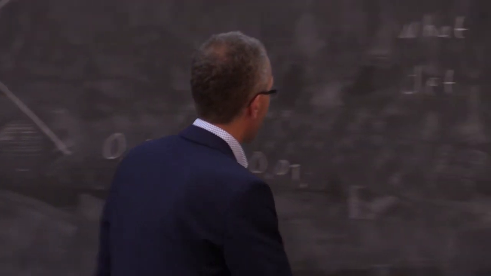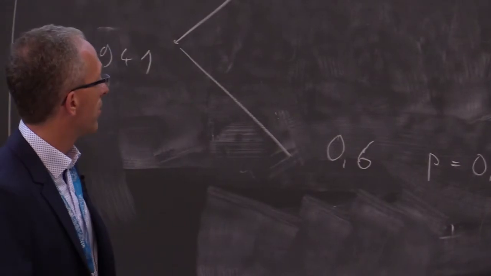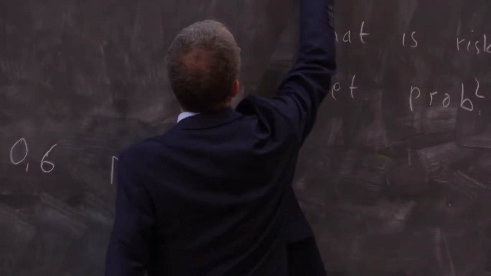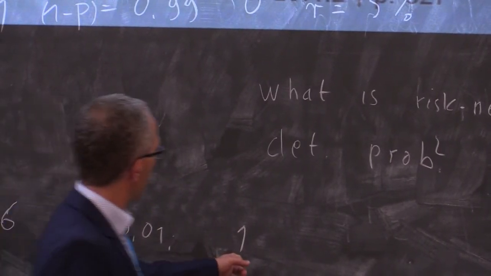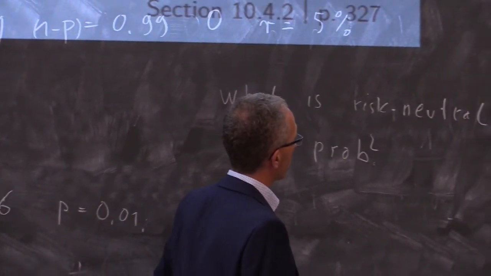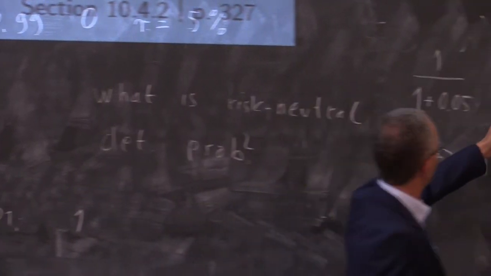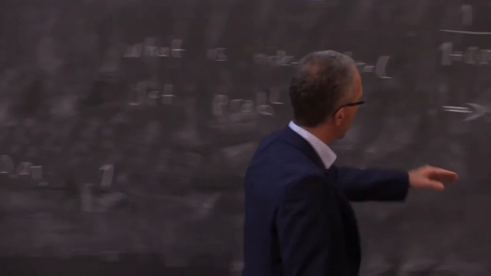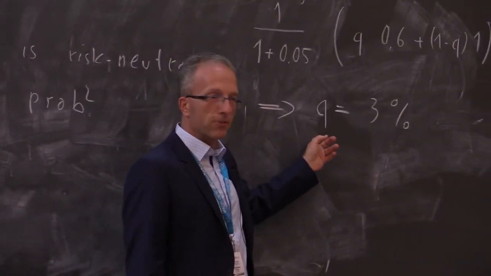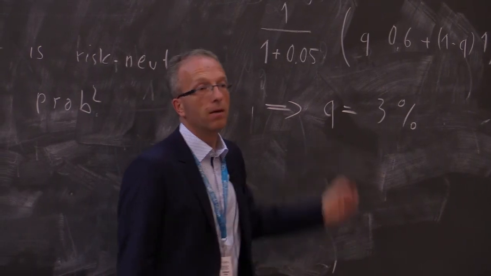A swap is an insurance against default. So that could be something that gives me 1 here and 0 here, and I could price such a thing. And what I would do under the risk-neutral pricing approach, I would just take this probability and I would price the default swap as the expected value of the discounted payoff with respect to this Q. That is risk-neutral pricing. But why?